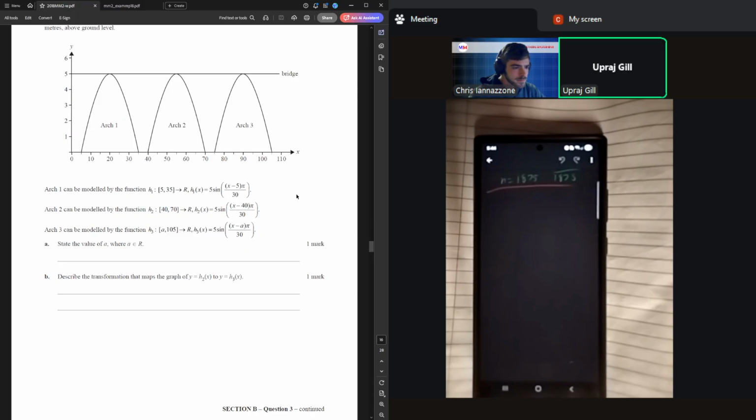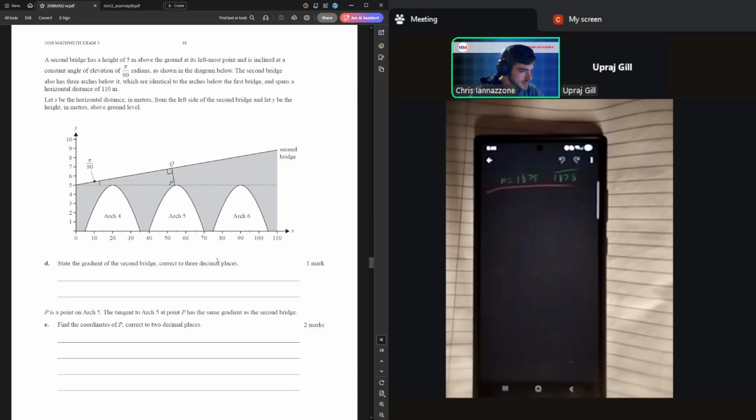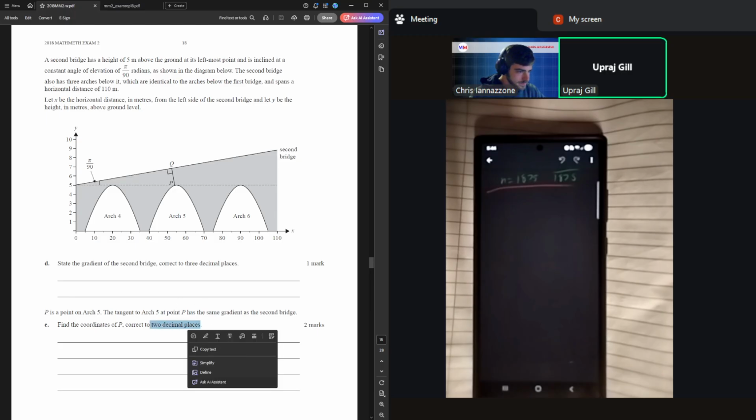Does that have to be corrected to 2 decimal places? Let's find out. Yeah, it does. I've just gotten the x values. I need to put that back into h of x. That's a massive x value. Wait, okay, 54.36 is the x value you're looking for.